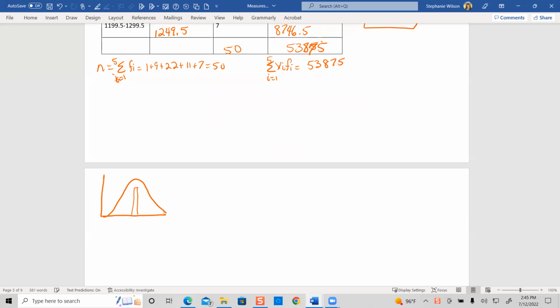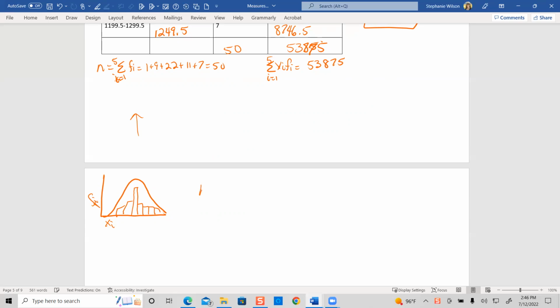Is it centered where everything else tapers off? Whenever we plot all these points on the bell curve, this here is going to be my frequency and this here is going to be my midpoint.